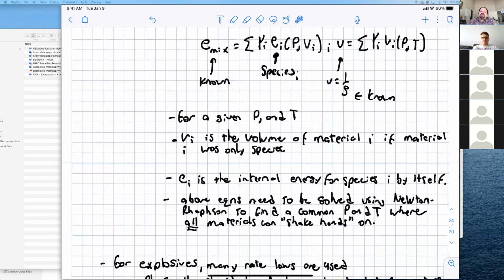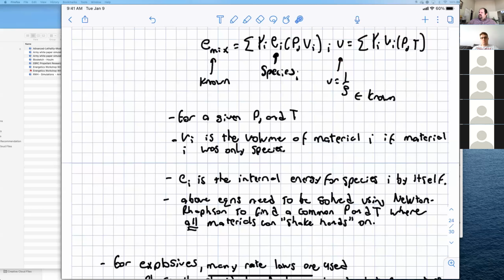Even though the mixed cells were only between the JWL products and the air, a very small portion of their calculation, I can't remember the exact factor, but the PT equilibration process increased the computation time by, I think, a factor of 2 or 3. And so they came up with some tricks to get around that.